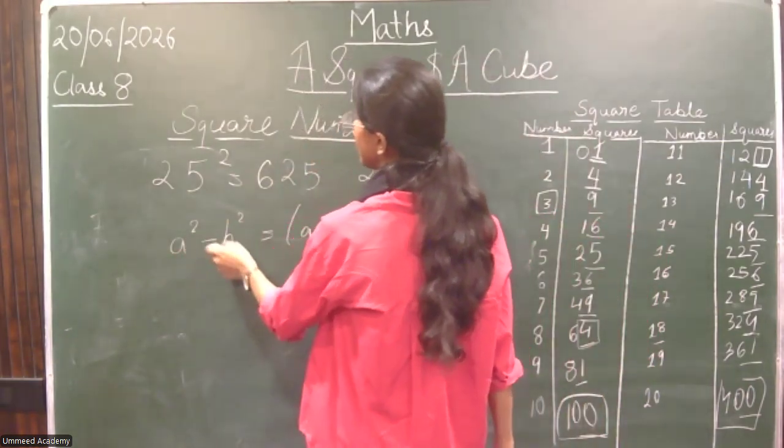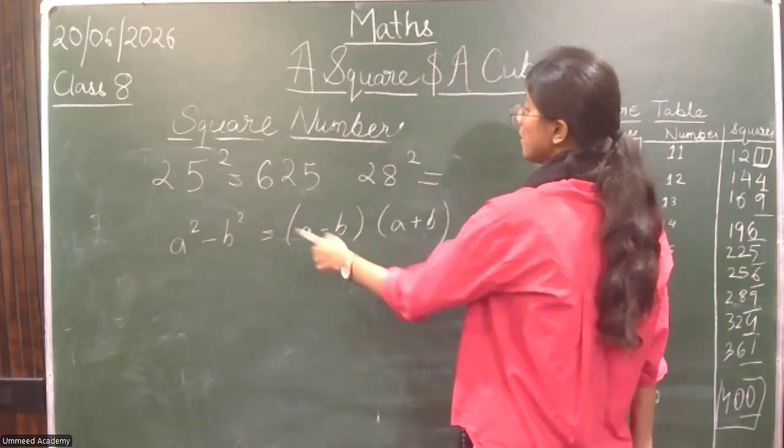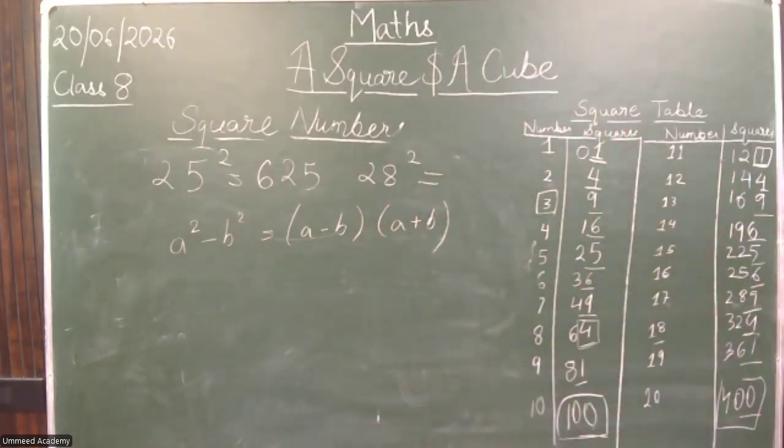It is a square minus b square. Clear? So a minus b and a plus b, very simple and easy formula.